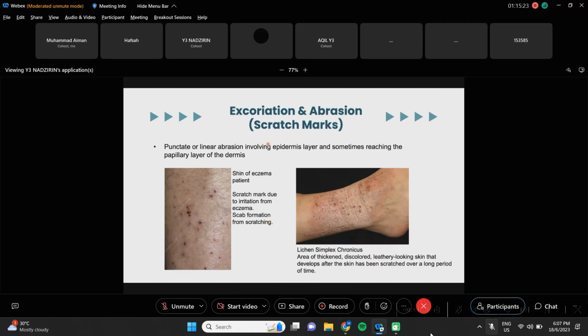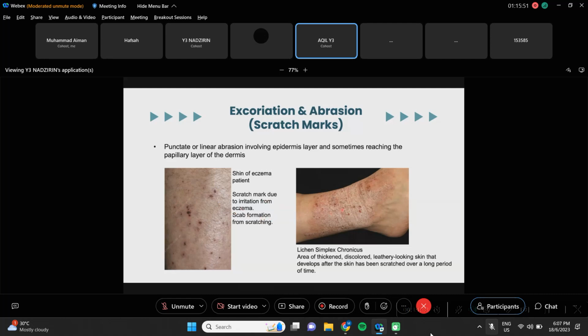Okay, next we move on to the excoriation and abrasion, or more commonly known as scratch mark. So a scratch mark is a punctate or linear abrasion involving the epidermis layer and sometimes the papillary layer of the dermis, like the top layer of the dermis. And a scratch mark, as the name implies, is caused by scratching with the fingernails in an effort to relieve the itchiness caused by the disease.